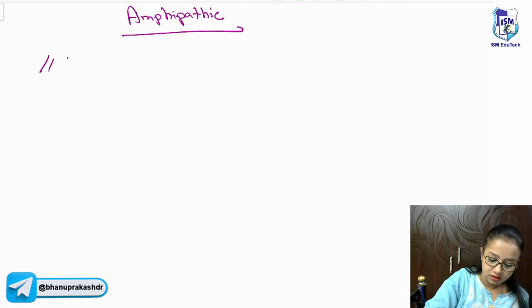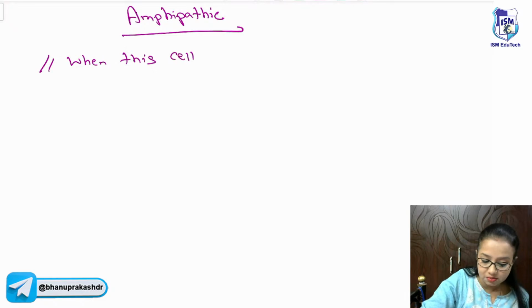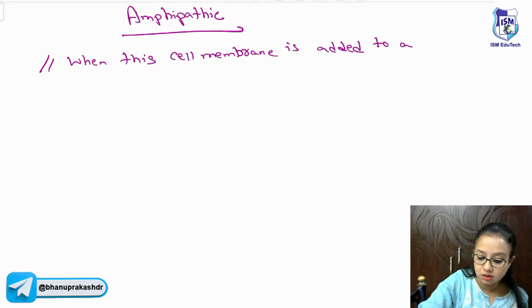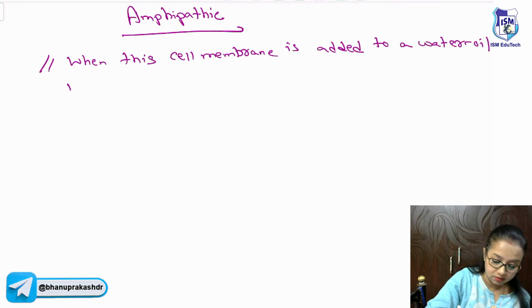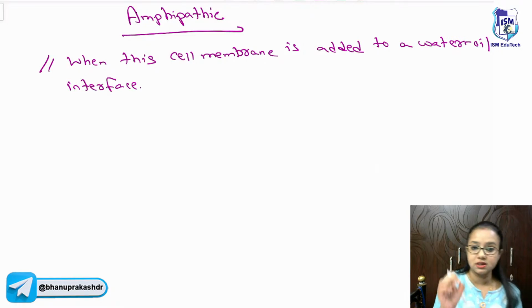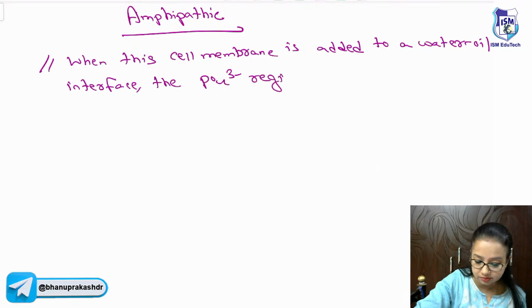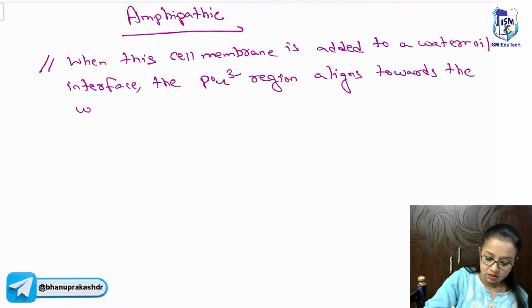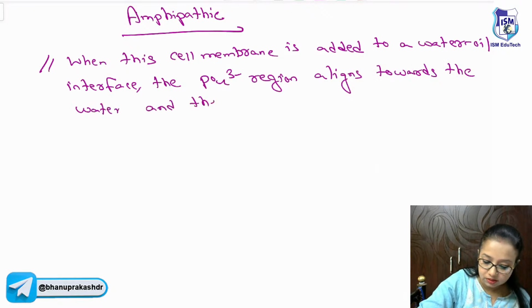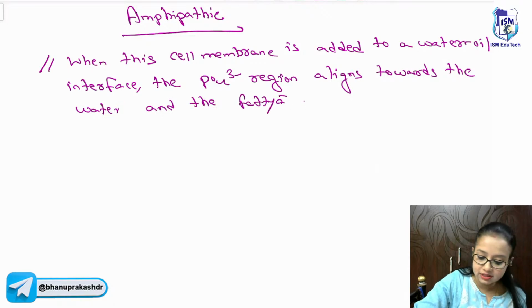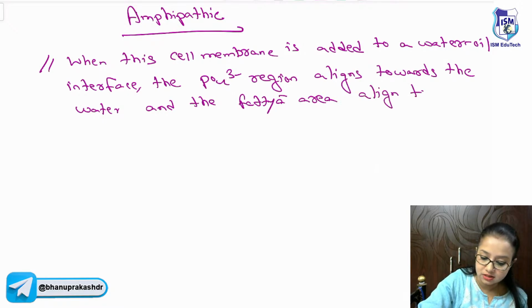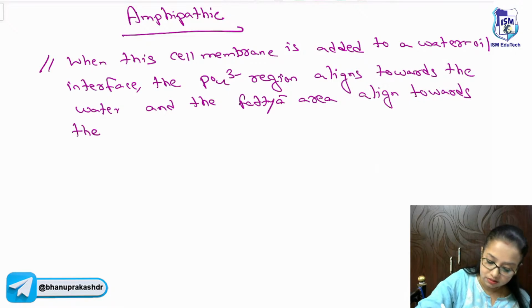It is seen that when the cell membrane is added to a water oil interface, like a drop in this water oil interface, the phosphate region aligns towards the water and the fatty acid area aligns towards the oil.